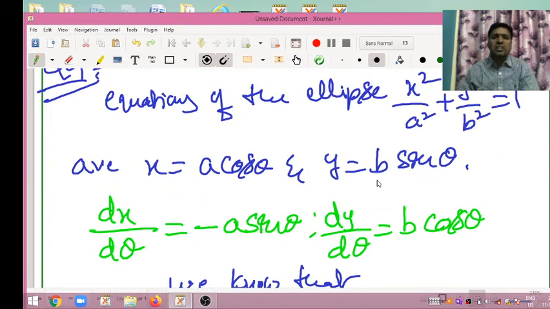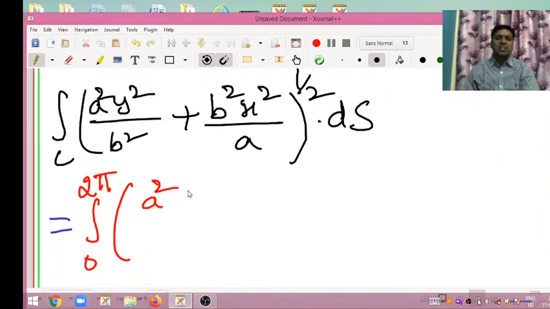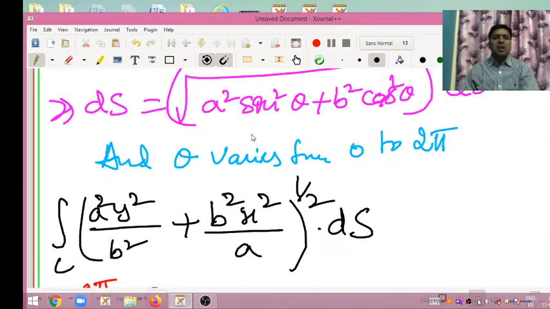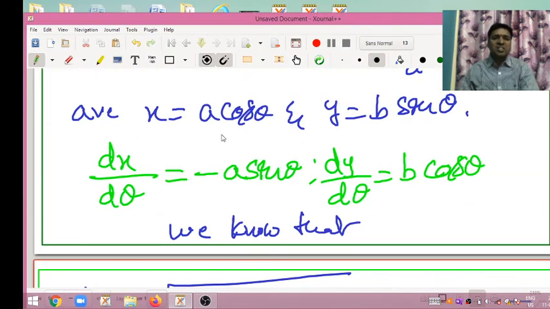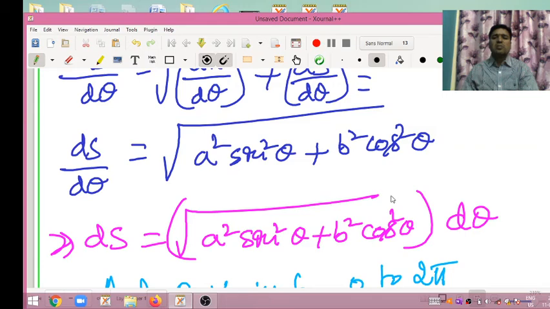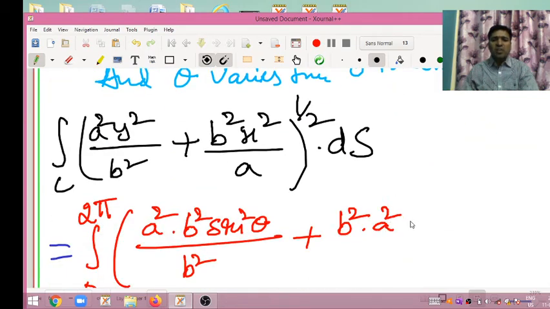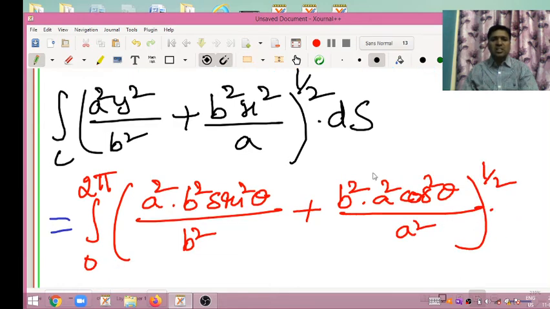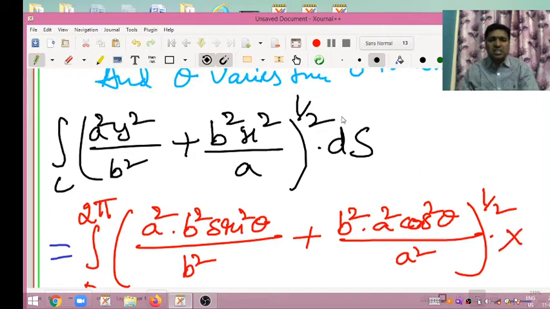Here y is equal to what, my dear friends? y is equal to b sin θ. y² means b² sin²θ. So b² sin²θ divided by b², already b² is there. Similarly, x means a cos θ, x² means a² cos²θ, by a², whole to the power of 1/2, into ds value. ds value is what?